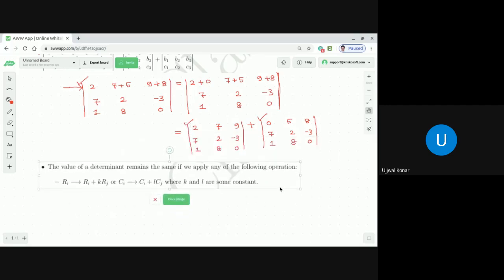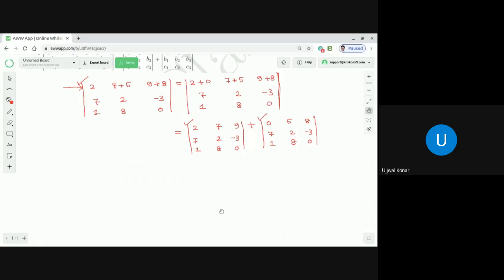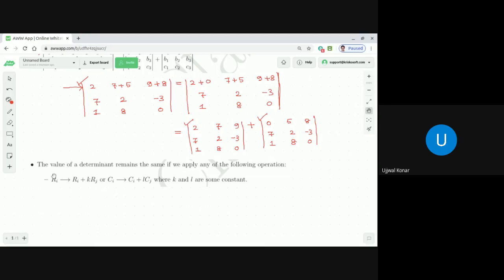If you look into this one, this property is that the value of a determinant remains the same if we apply any of the following operations. If you recall the matrix days, it is like elementary operations. That is Ri becomes Ri plus k into Rj.